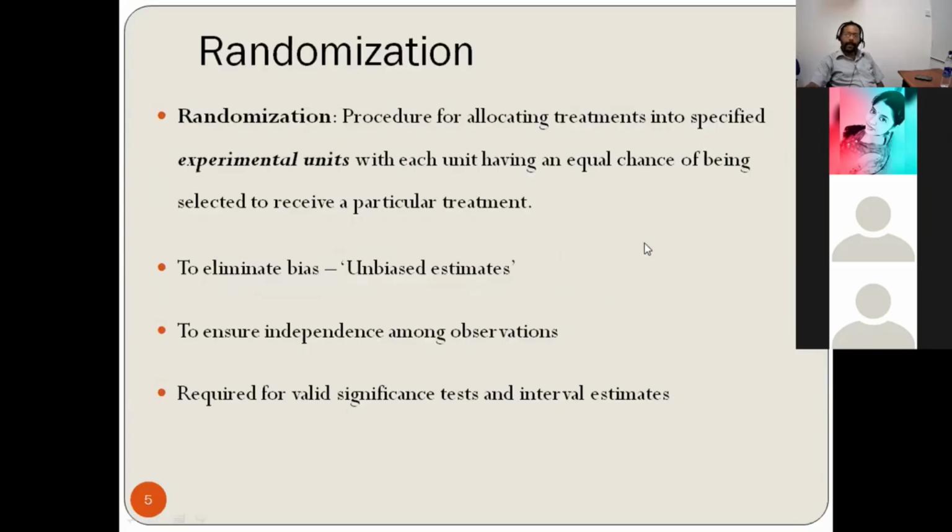Randomization. What do you mean by randomization? It is the procedure for allocating treatments into specified experimental units, with each unit having an equal chance of being selected to receive a particular treatment.